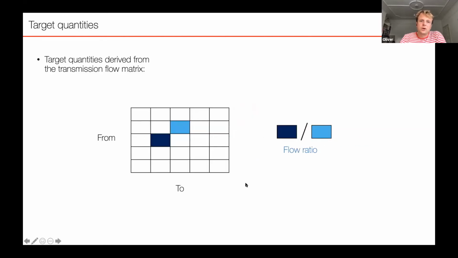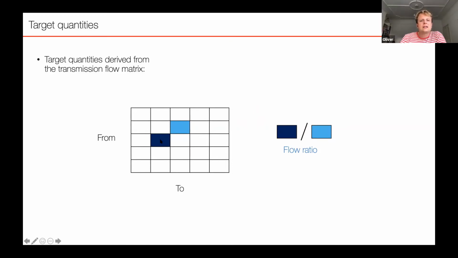We can also look at the flow ratio. Say, from a group here, it's a complicated matrix, but if you just think of a 2x2 matrix and go back to our very simple example, you will see that this keeps reoccurring in the talk.